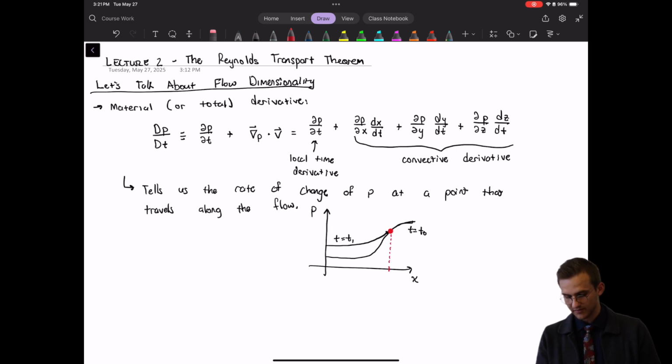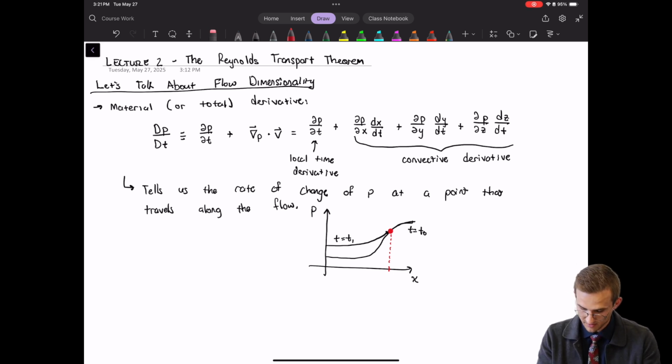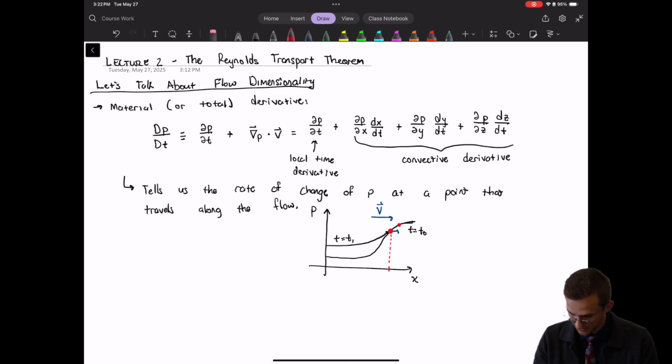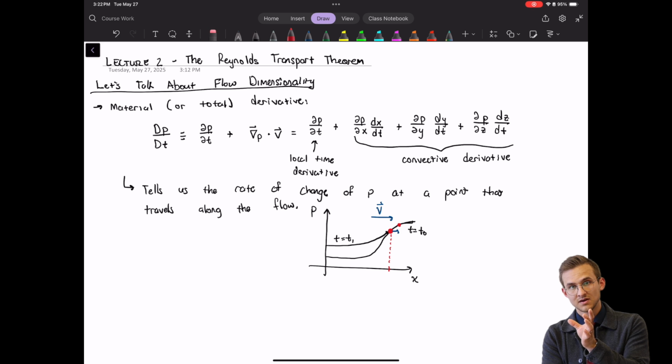Your local time derivative of the pressure is actually 0, but if the flow is moving, if you have some component of the flow that's moving in the u direction, so let's say your flow velocity v is going in this direction, then in a unit of time you'll move in this direction a little bit, and your pressure will change to be this value now, right? And so that new value you can calculate. It's just the change in pressure in the time that it took you to move that amount, which is the change in pressure over that space multiplied by how fast you travel through that space, right?